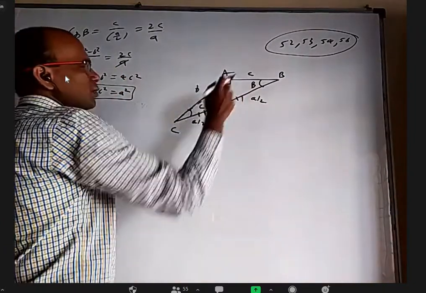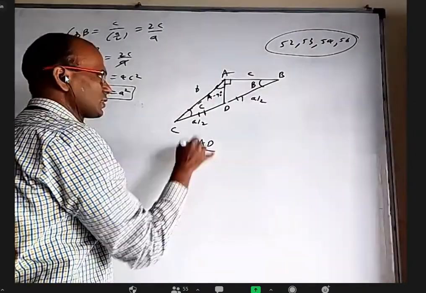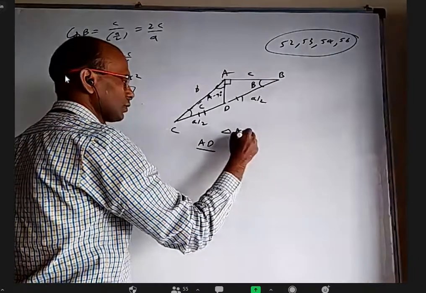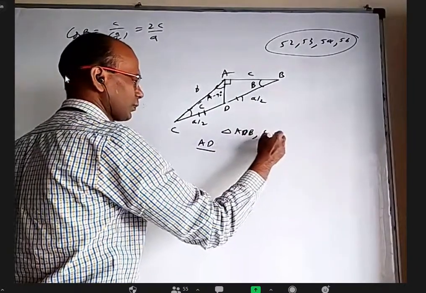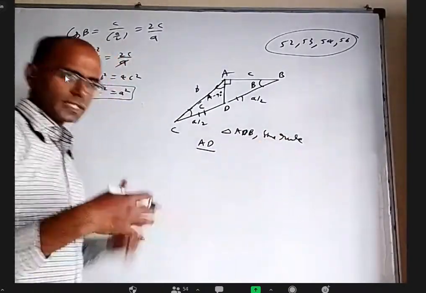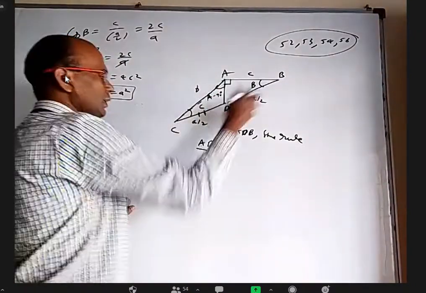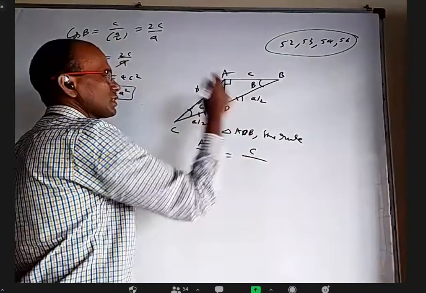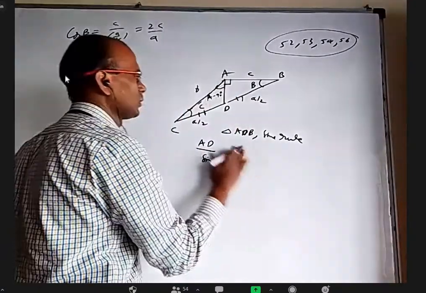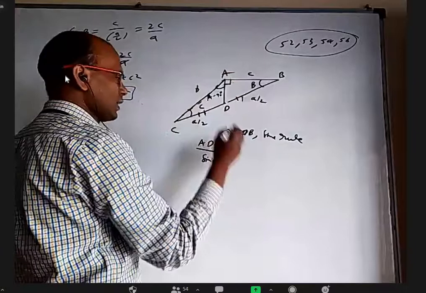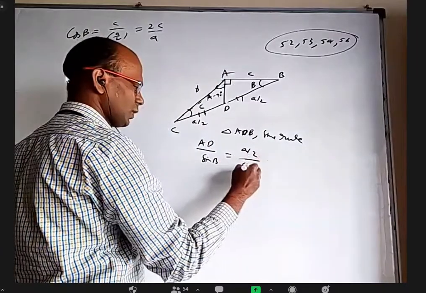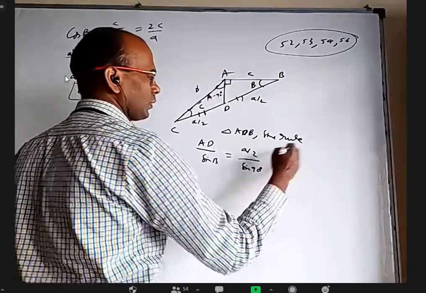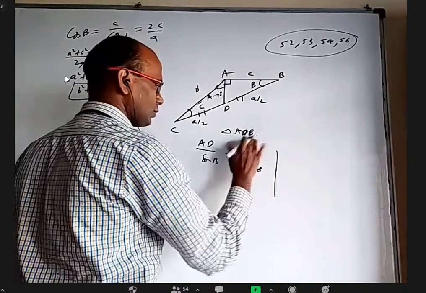If I apply sine rule in triangle ADB, I will get AD by sine B equal to C by, I don't know this angle, so I will not use it now, A by 2 by sine 90 degrees. What is the use? I don't know, I'm just trying some things.